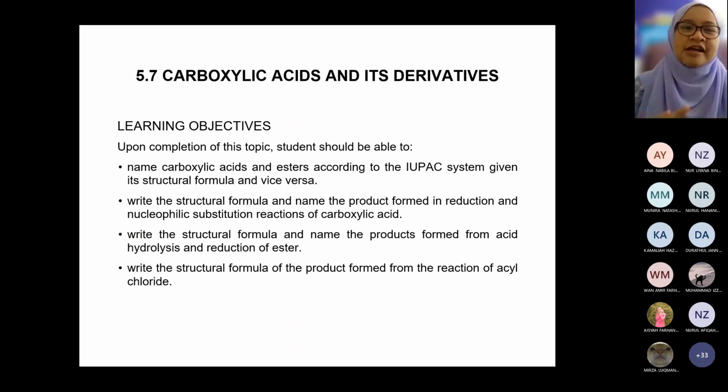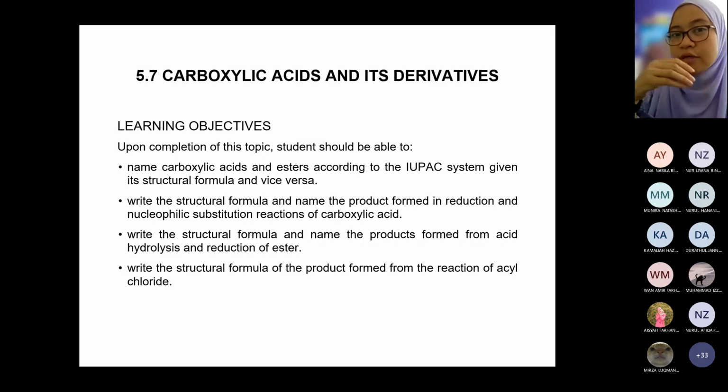Carboxylic acid and its derivative. As you can see, we have 4 learning objectives for this subtopic alone. Okay, alright, so I am sure that one of the reactions involving carboxylic acid and ester, you have been introduced to during your SPM time.